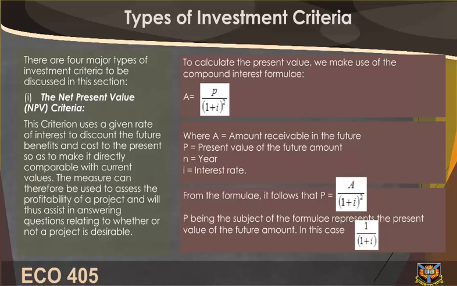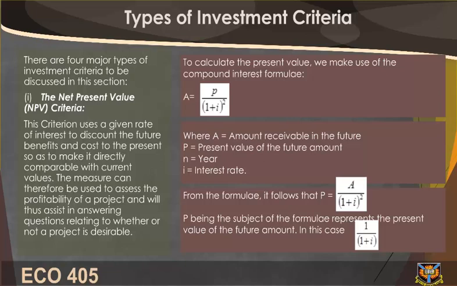To calculate the present value, we make use of the compound interest formula below, where A equals amount receivable in the future, P equals present value of the future amount, N equals year, I being interest rate.